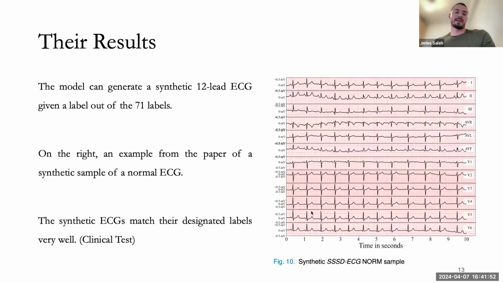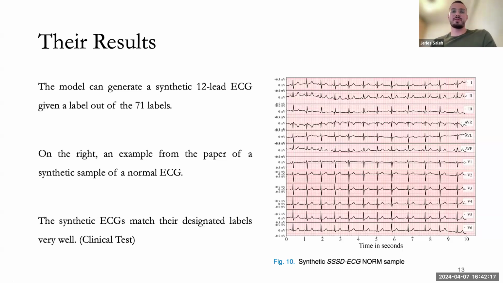So as expected from a generative model, they show that it can actually generate a synthetic 12-lead ECG. This is on the right, given a label. And here the label is a normal sample. And this is actually a synthetic example of a hypothetical human that doesn't exist.